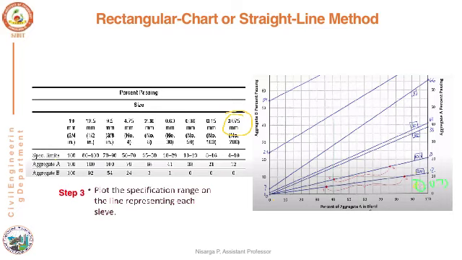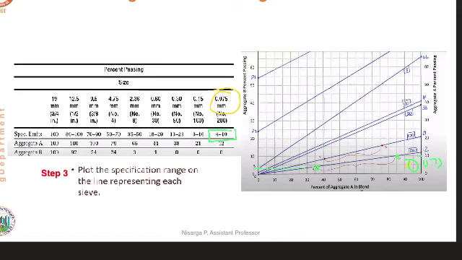Okay, so now what we have to do is project this line, and this will meet the gradation line at some point, and similarly if you project 10%, that will meet at some point on the number 200 line. Similarly, for the next sieve, the values have to be plotted on the next line, the number 100 line. Okay, 8 to 16%. First we have to check where we get the 8.